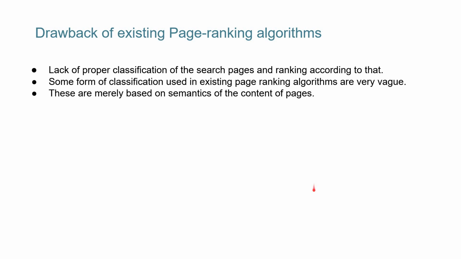Now about the drawbacks of the existing algorithms. What is lacking in all these existing search engines is a proper classification of search pages and ranking according to that. Secondly, a lot of work has been done on web classification, but it is based on the semantics of the context of pages. The existing classes are like education, art, humanity, and entertainment.